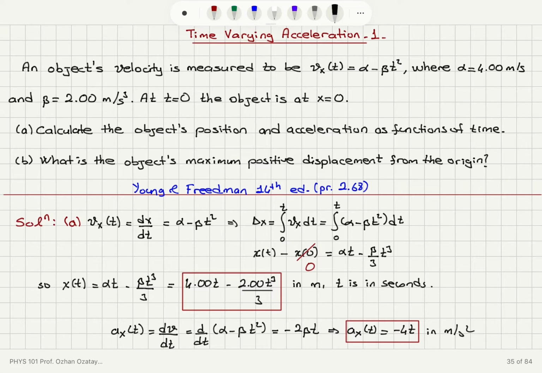So what is the object's maximum positive displacement from the origin? That is part B. At maximum displacement, delta x maximum, I will have the rate of change of position dx dt, which is Vx, equal to 0.